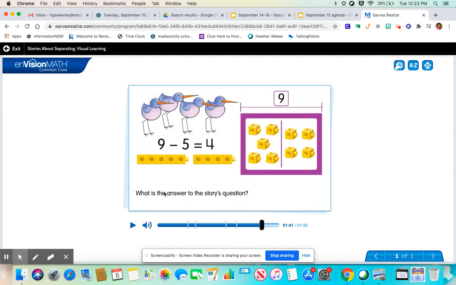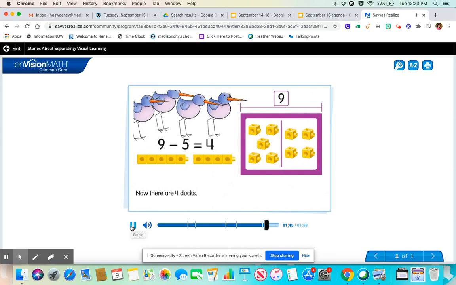It says, what is the answer to the story's question? It would be that there were 4 that were still left swimming. So your subtraction sentence should be on your notebook paper. 9 minus 5 equals 4. Let's continue. Now there are 4 ducks.